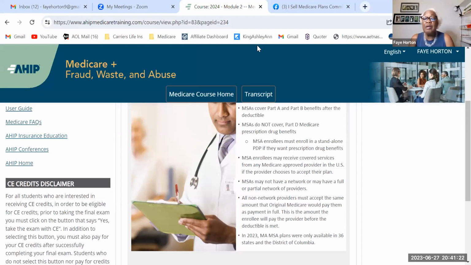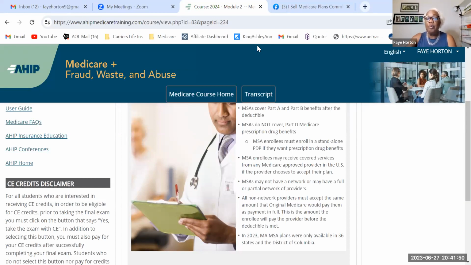Medical savings account enrollees may receive covered services from any Medicare approved provider in the United States if the provider chooses to accept their plan. Medicare savings accounts may not have a network or may have a full or a partial network of providers.